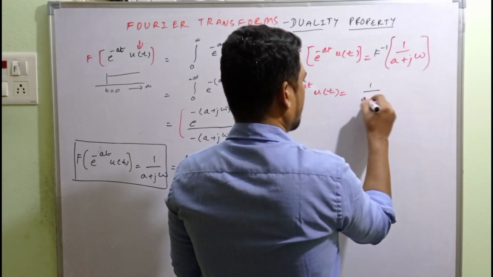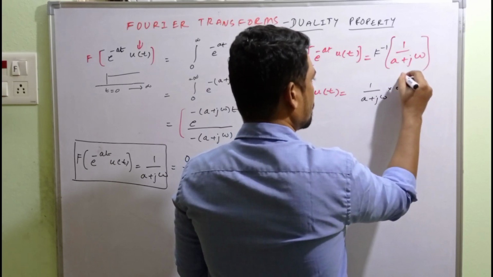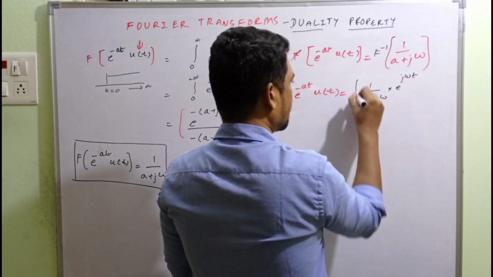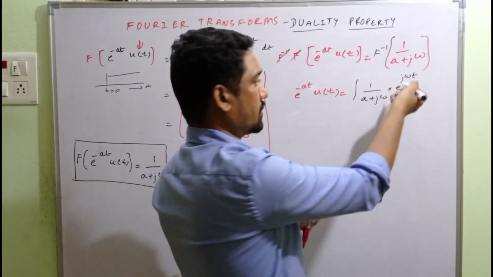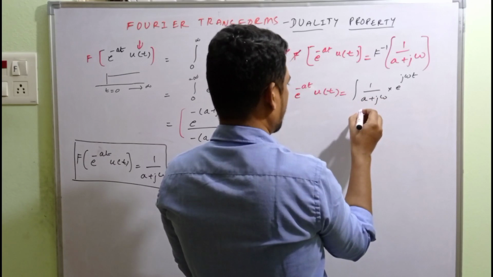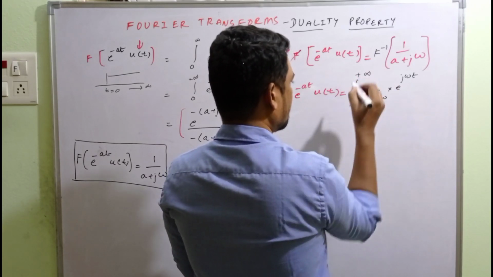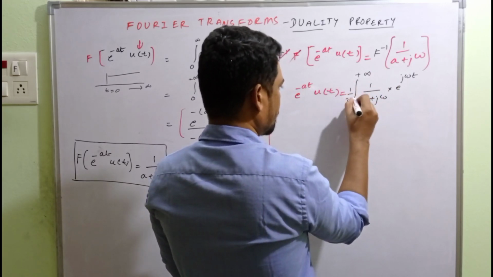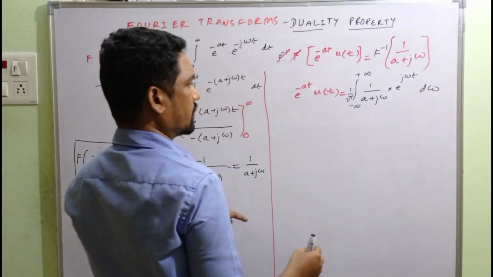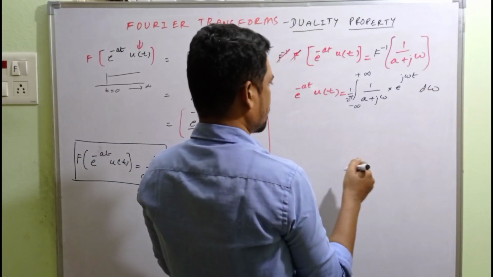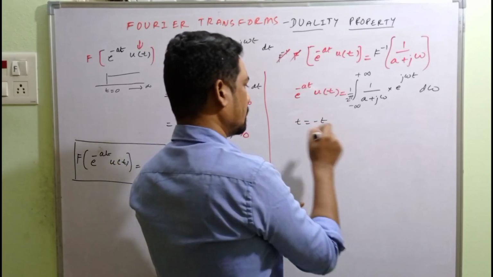1 upon a plus j omega is multiplied with e raised to j omega t and integrated, according to the inverse Fourier transform, from minus infinity to plus infinity, with 1 by 2 pi and d omega. That is the formula to evaluate the inverse Fourier transform. And what if we put t equal to minus t throughout the equation?